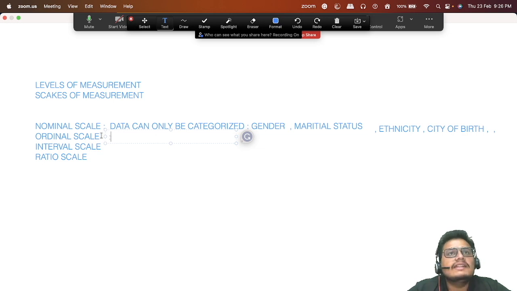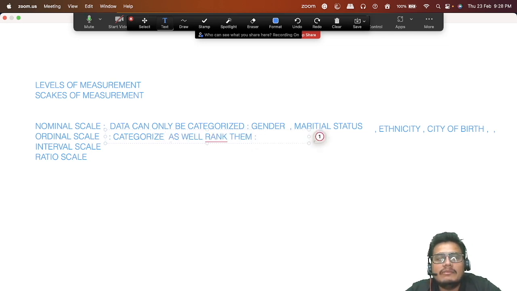Next is ordinal scale. In the ordinal scale you can categorize your data as well as rank them. Example, top 5 Olympic medalists. आपकी language ability, like type questions like आपका very satisfied, satisfied, dissatisfied या very dissatisfied. So this is an ordinal level. Next we have interval scale.